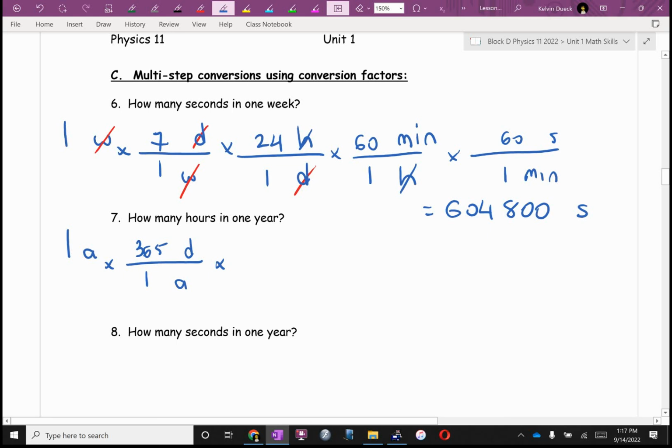Times. If I stop here, I would be in days. Do you know how many hours in a day? You know that one? Great. So where am I going to put days, Jesse? Top or bottom? Hours on the top, 24.